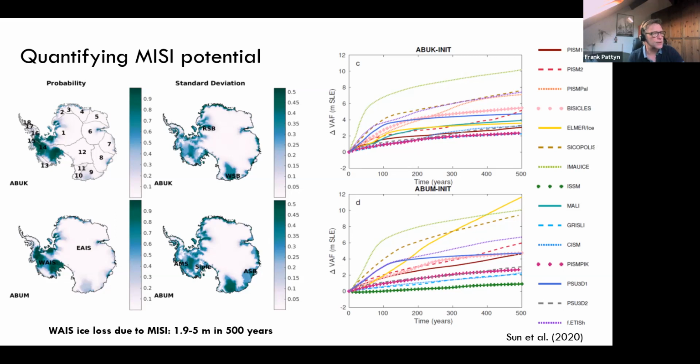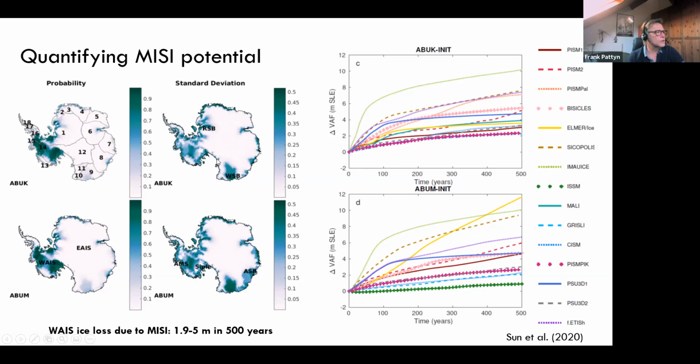So this was run for 500 years. You see the response of the different models. It's a quite large spread between 1 meter and 10 meters in 500 years sea level contribution for these models. Most of the models do lose ice in the West Antarctic ice sheet.